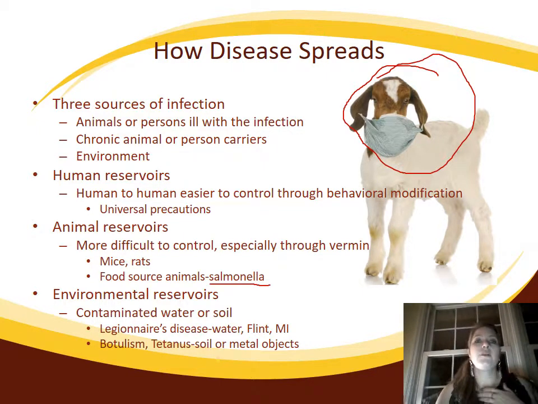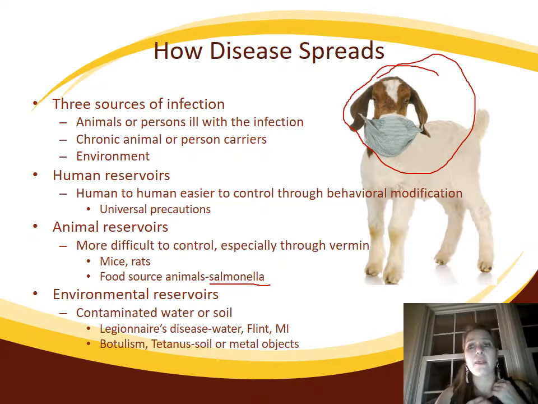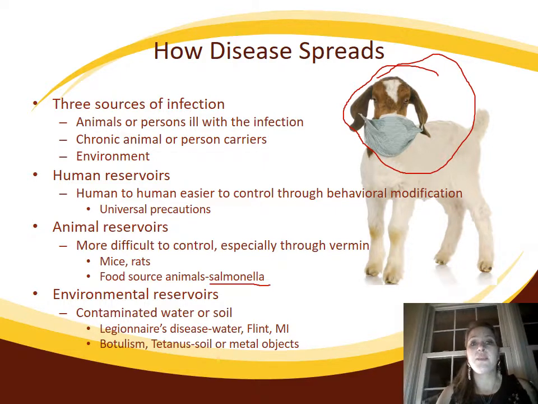And then you have what are called environmental reservoirs, things in the environment that are causing disease. So contaminated water or soil is a big one.